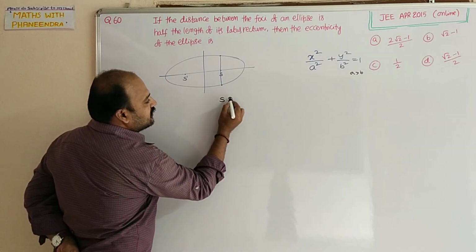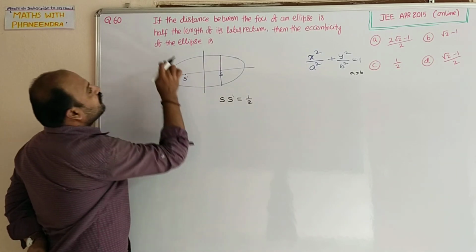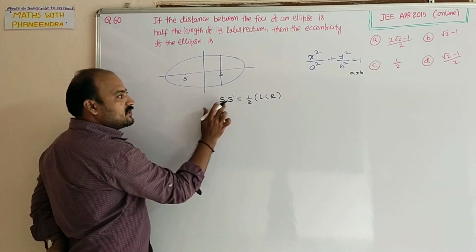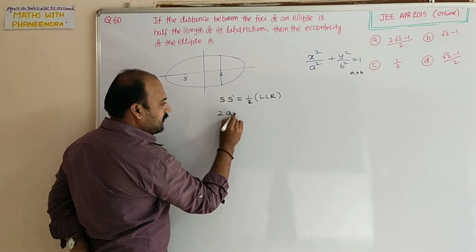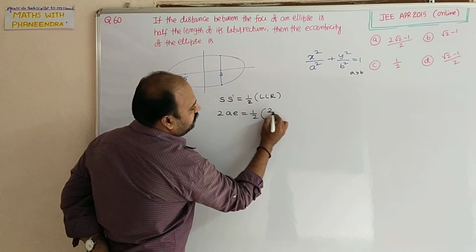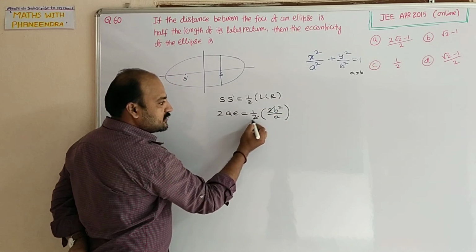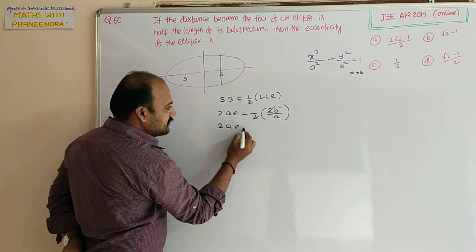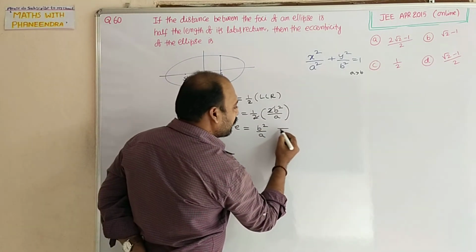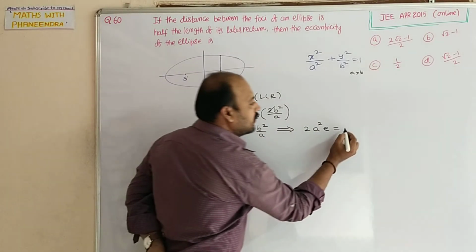The distance between foci is equal to half of the length of the latus rectum. The distance between foci is 2AE. Half of the length of the latus rectum is half of 2b square by A. So the 2 gets cancelled: 2AE is equal to b square by A. Cross multiply: 2a square e is equal to b square.